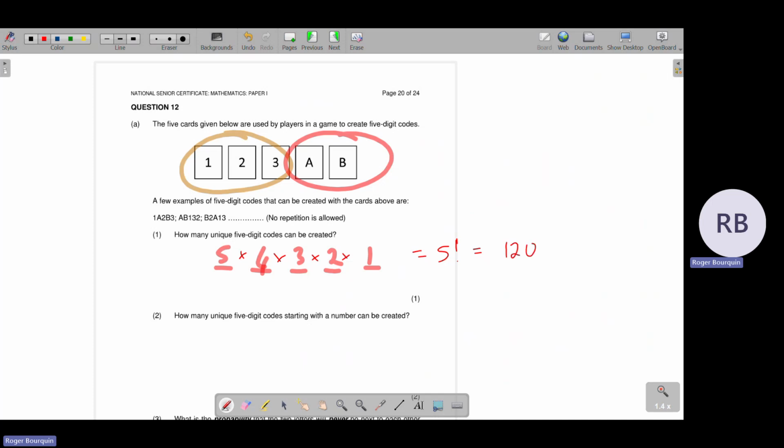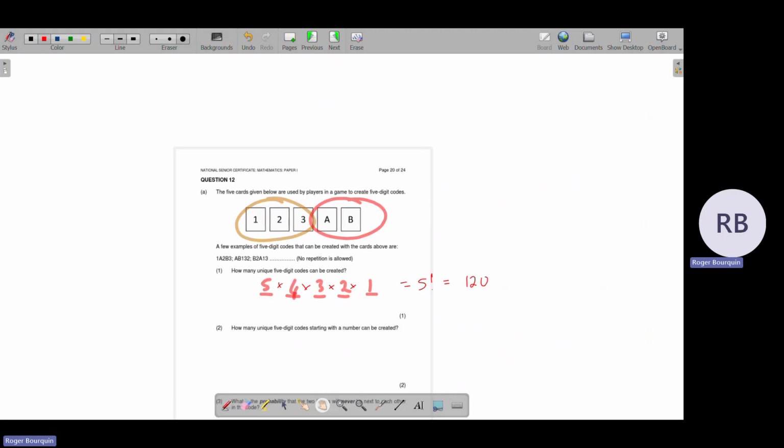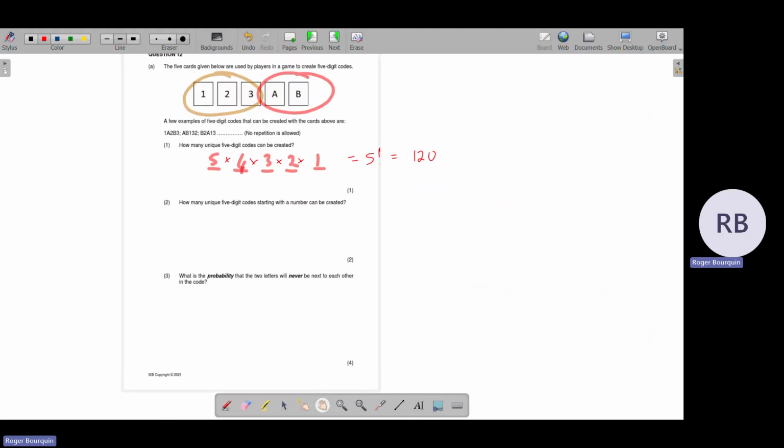Then the next one says how many unique 5-digit codes starting with a number can be created, right? So you're going to have a number in the first place, and then we've got 4 other positions that you can choose. 1, 2, 3, 4 other positions.